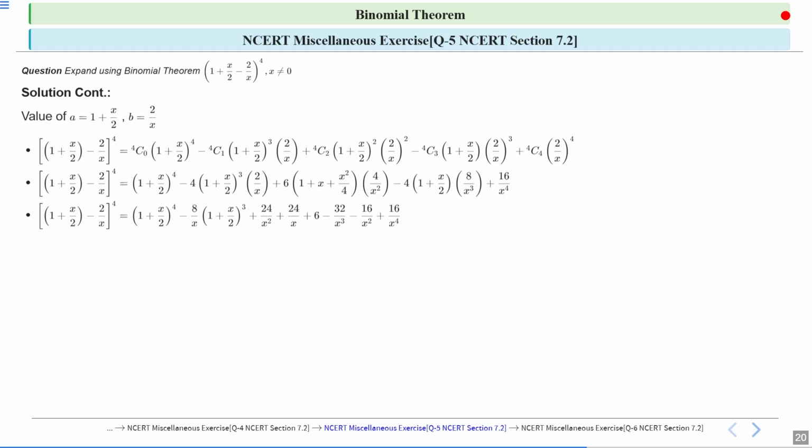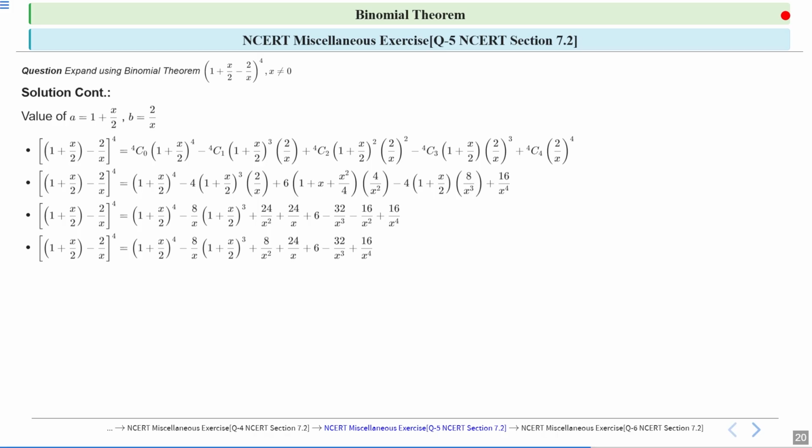So let's simplify the expression further. Then we have 1 plus x by 2 minus 2 upon x whole to the 4. This is equal to 1 plus x by 2 whole to the 4 minus 8 by x times 1 plus x by 2 whole cube plus 24 upon x square times 1 plus x by 2 whole square minus 32 upon x cube times 1 plus x by 2 plus 16 upon x to the 4.